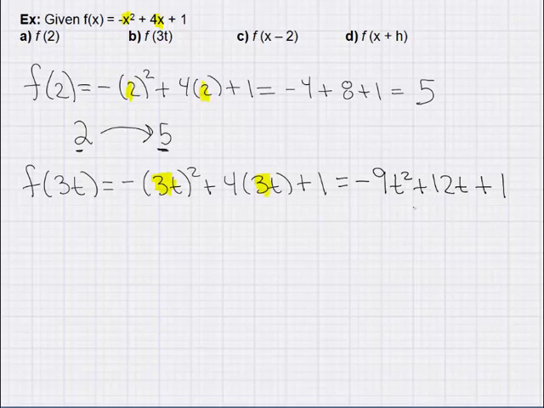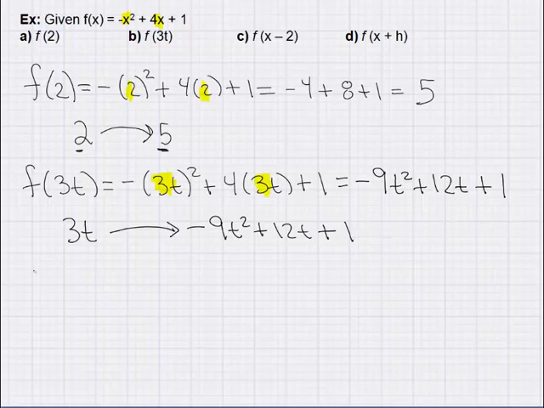I can't simplify this anymore, so that's what f of 3t equals. Sometimes you'll get just a number, sometimes you get another expression. It depends on what you're plugging in and what function you're working with. But basically here, 3t is getting matched up with negative 9t squared plus 12t plus 1.